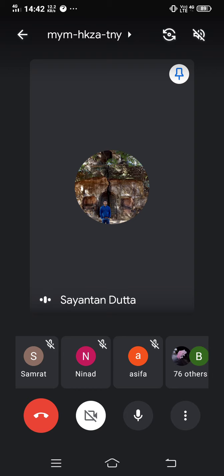Now, as far as the gaseous cycle is concerned, the major storehouse of the nutrient is in the atmosphere. For example, the nitrogen cycle is a gaseous cycle.